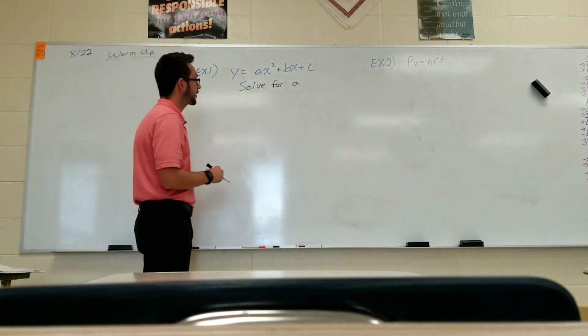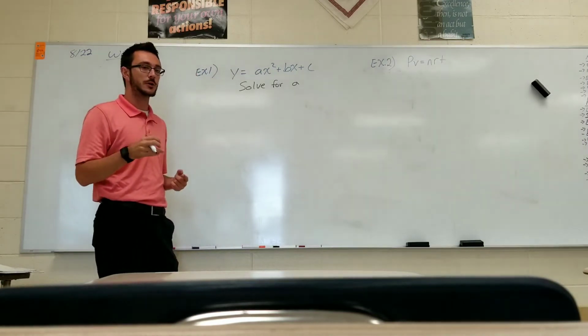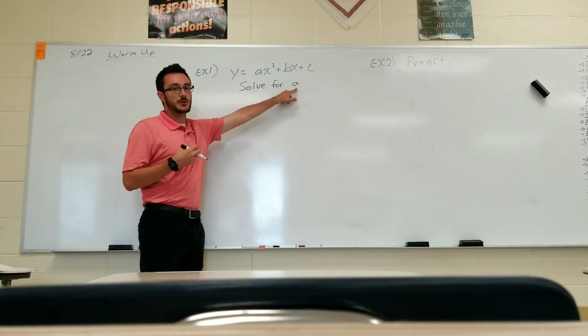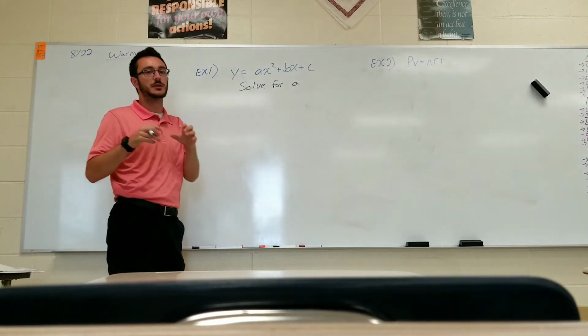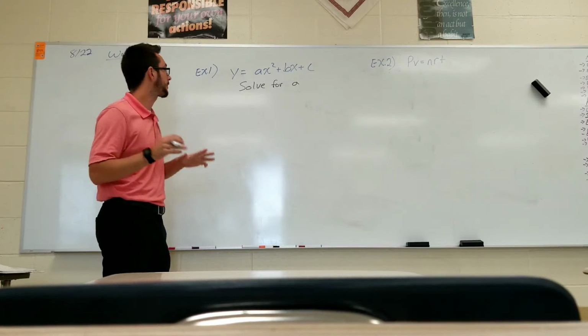So solve for A, what that tells me is with an equation and when I'm solving, I need a three-part answer. So I need the variable by itself that I'm solving for, the equal sign, and then every other value or variable or anything like that on the other side.